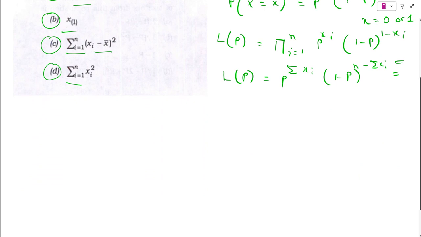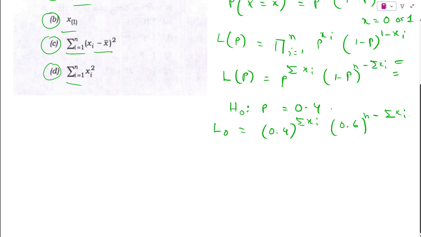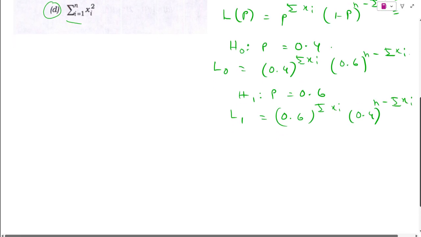And under the null hypothesis, so the likelihood is, and under the alternative hypothesis, the likelihood will be, now form the likelihood ratio. Okay.